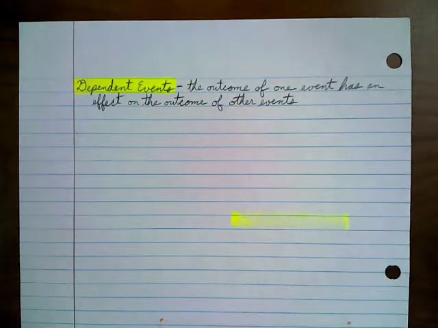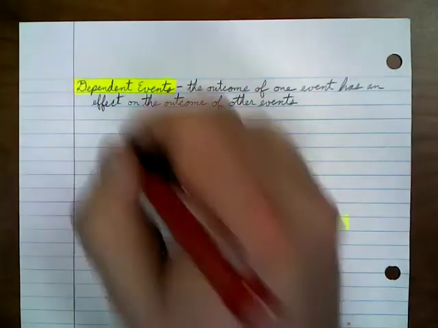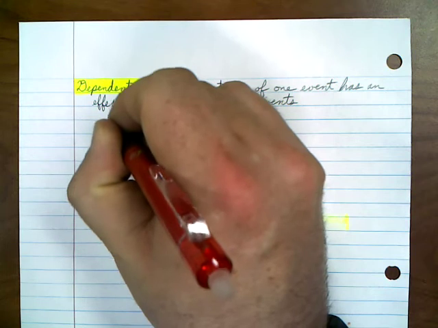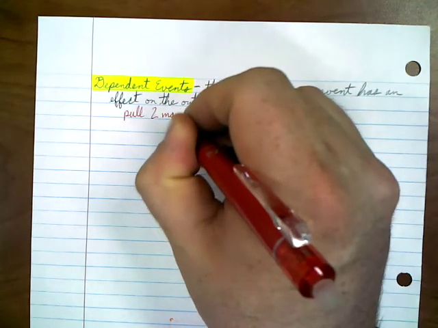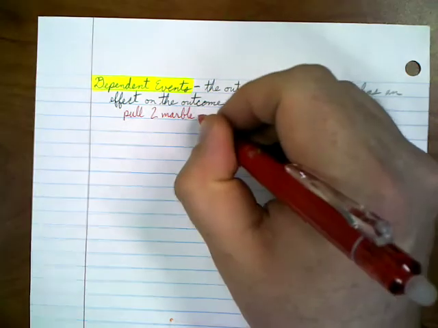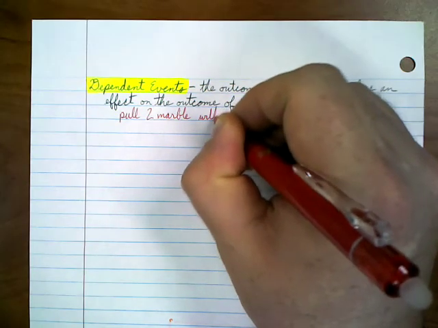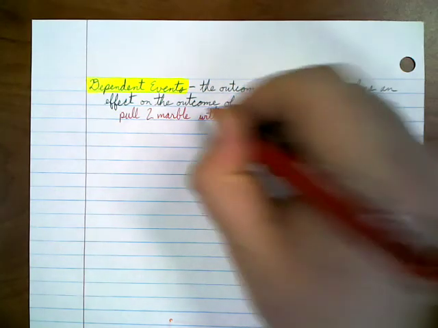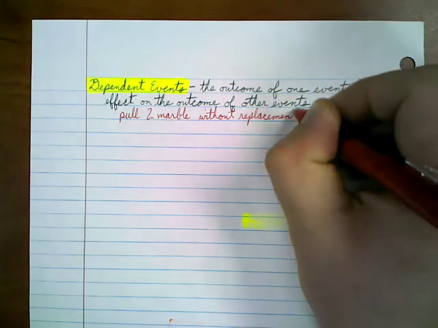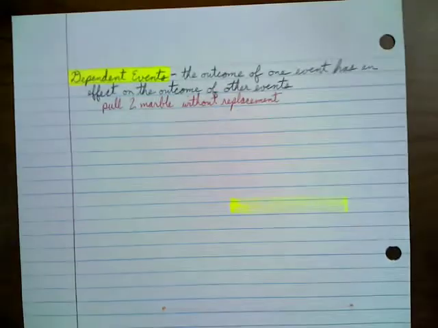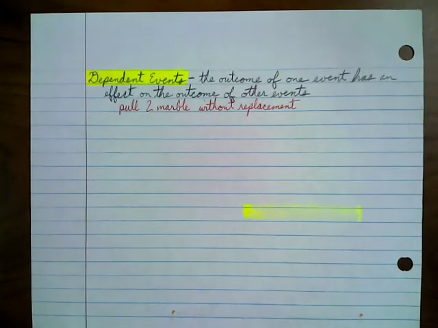An example of that, which we've already kind of alluded to, is if we pull 2 marbles without replacement. If I don't put my first marble back, then there's not going to be the same number of marbles in, which means it's not going to be the same probability for pulling another marble as it was for the first.